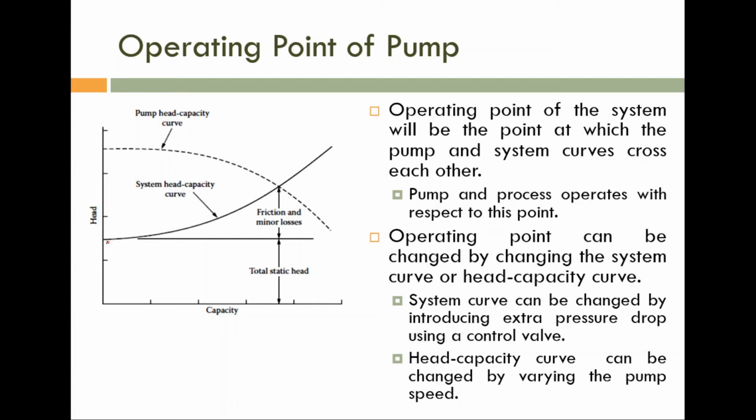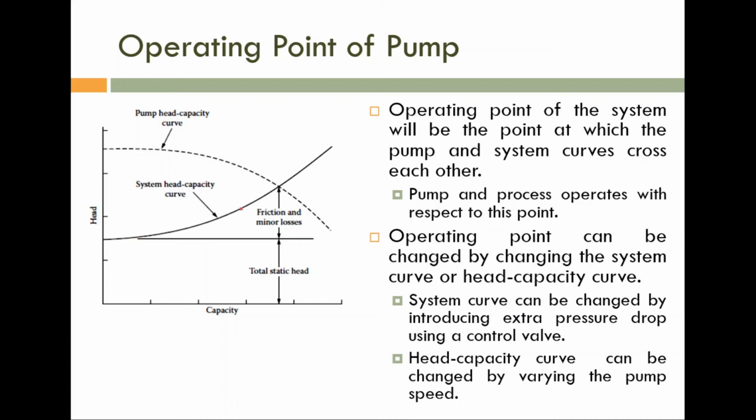With the increase of flow rate, you can see that the system friction loss is increased, but corresponding to the same flow rate, the discharge pressure provided by the pump is greater. So again the flow rate will increase.